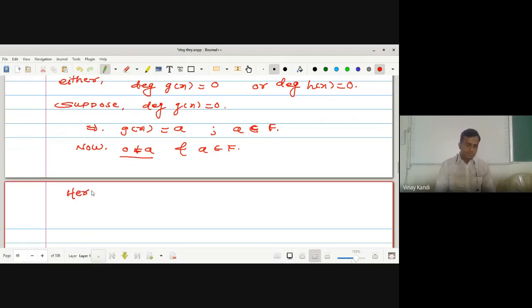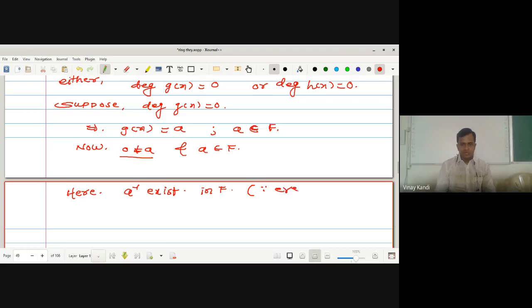So here a inverse exists. Okay, a inverse exists in capital F. Okay, why? Because every non-zero element possesses multiplicative inverse in F. Okay, isn't it?